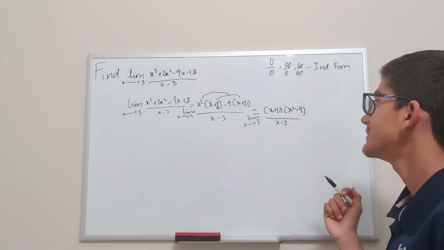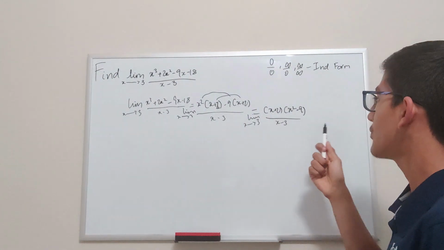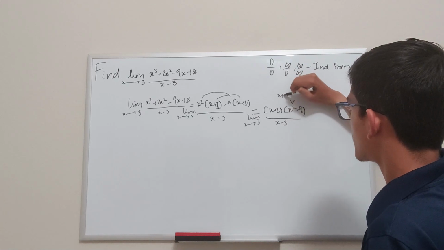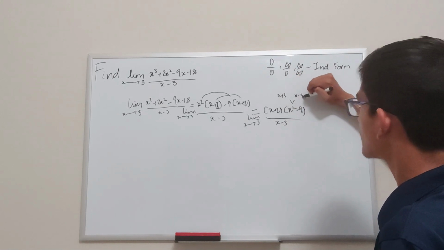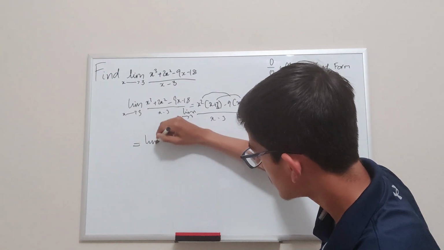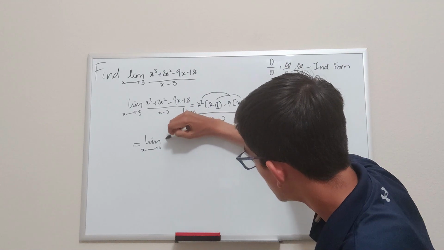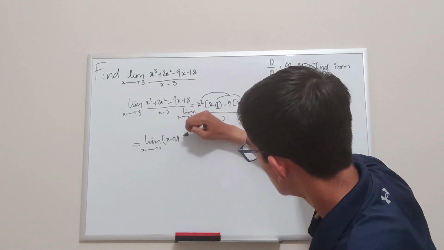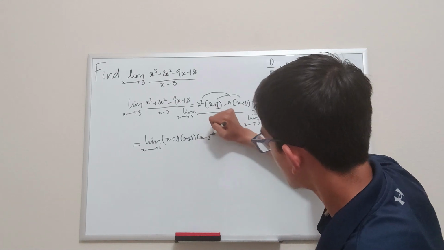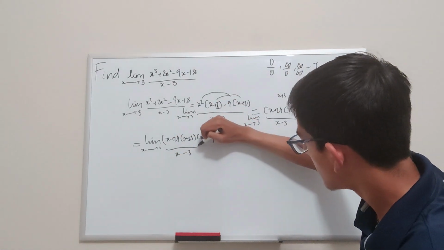Now what we have to realize with your algebra skills is that x squared minus 9 is just a difference of squares, x plus 3 and x minus 3. So then we can write our limit now as x plus 2 times x plus 3, x minus 3, all divided by x minus 3.